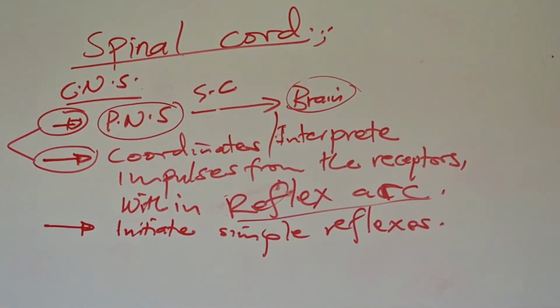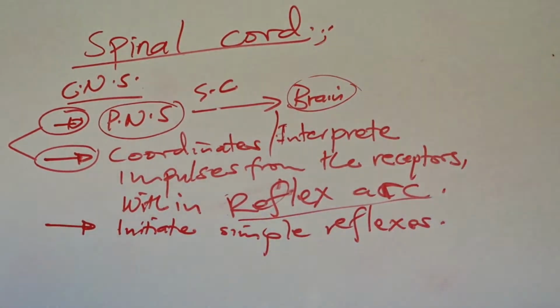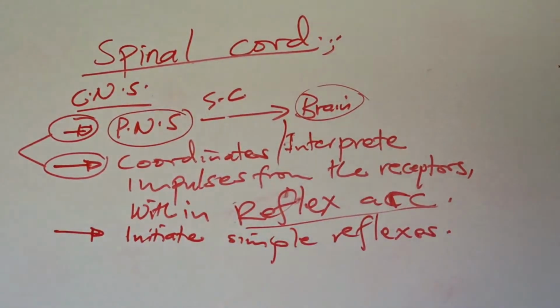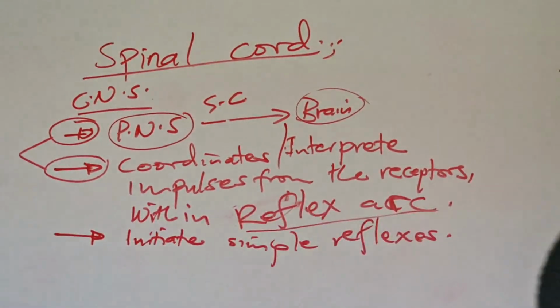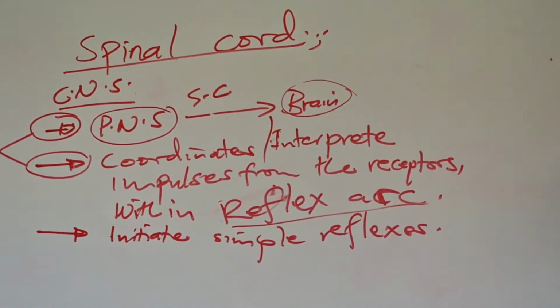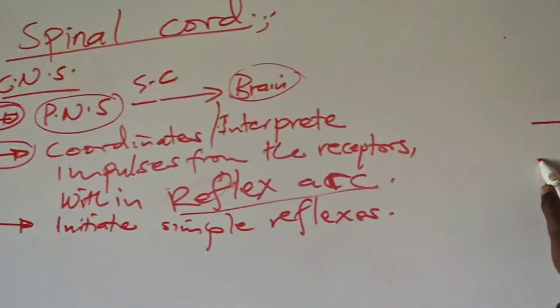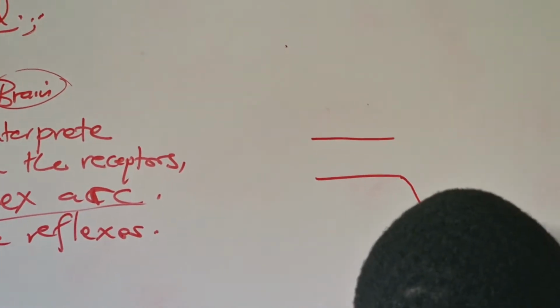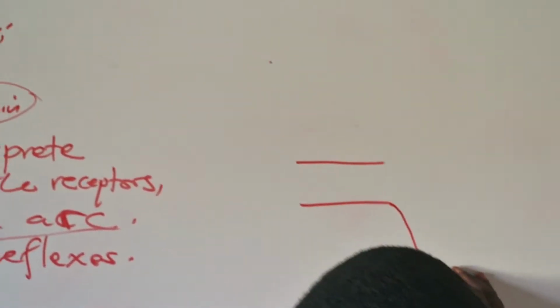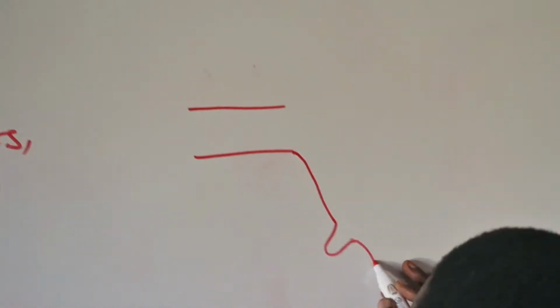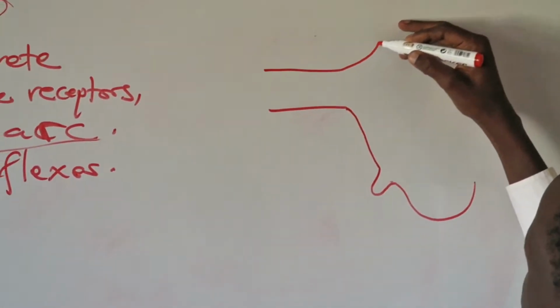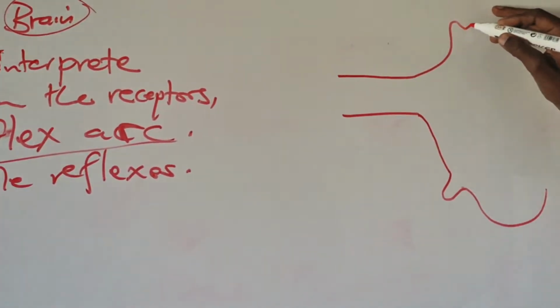And if you know the structure of the spinal cord, it has a small opening to a swelling of this kind on both sides, the upper and the lower parts.